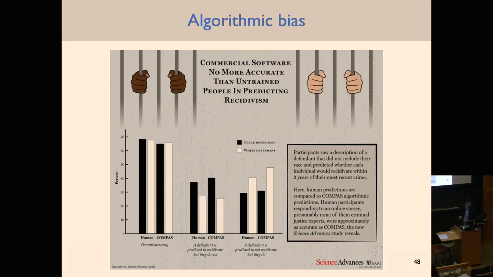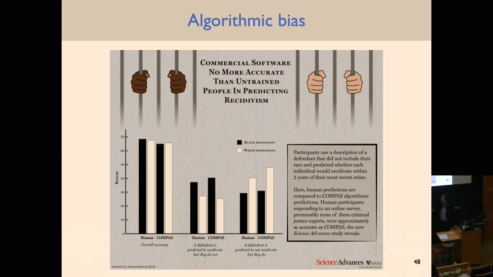The middle block of bars is showing the false positives, where a defendant is predicted to recidivate, but they do not. So that's a false prediction of recidivism.